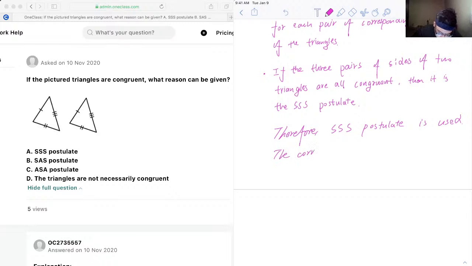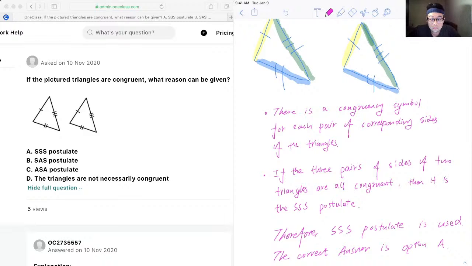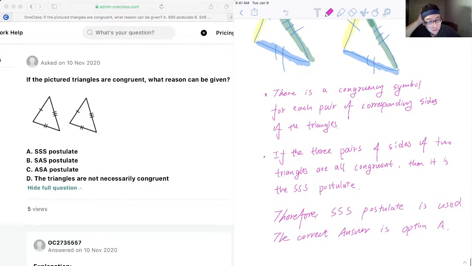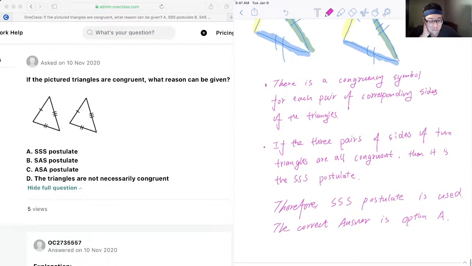The correct answer is option A. So I think that's all we have for this question. Just remember, if you're not given anything about the angle, they're telling you that there's a congruency symbol for each pair of corresponding sides of the triangles, then according to the SSS postulate, these two triangles are congruent.